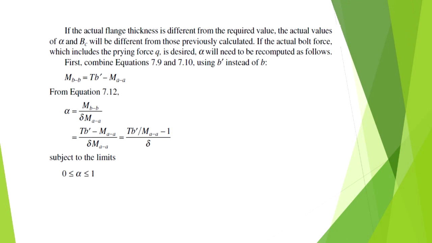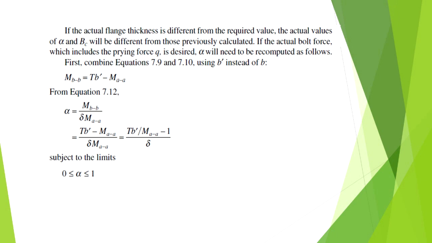If the actual flange thickness is different from the required value, the actual values of alpha and B C will be different from those previously calculated. If the actual bolt force, which includes the prying force Q, is desired, alpha will need to be recomputed as follows.